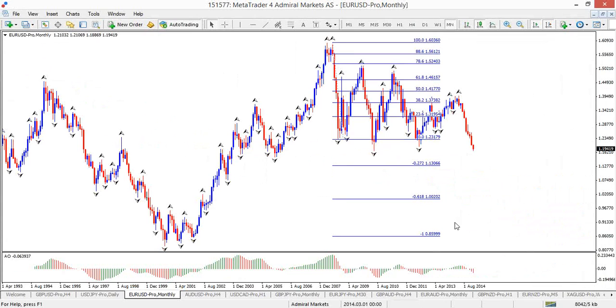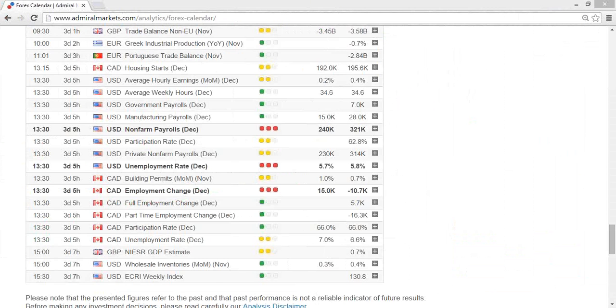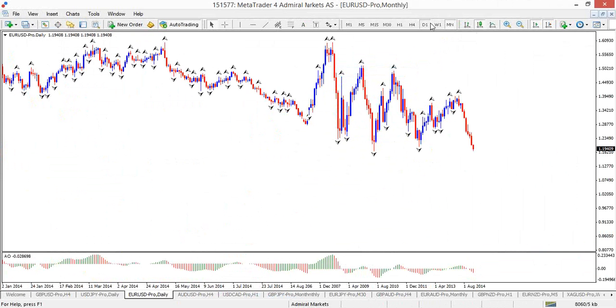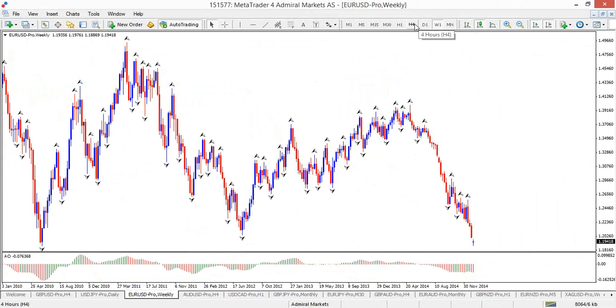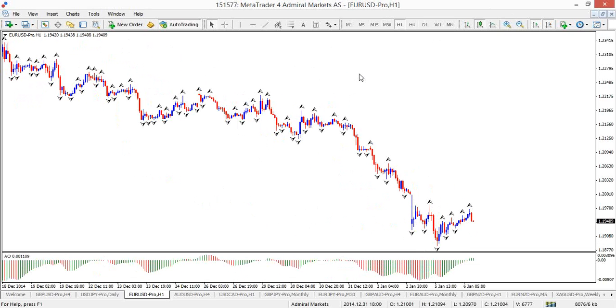So if we look at live charts now, again, one second. I take a look at euro dollar now on the 4-hour chart, or maybe even 1-hour chart. What we're looking for is basically to put a fib from here to here.